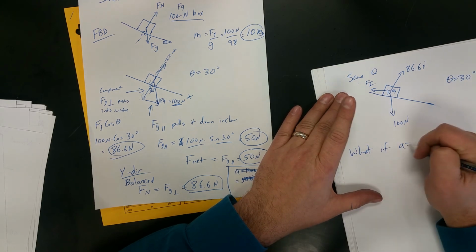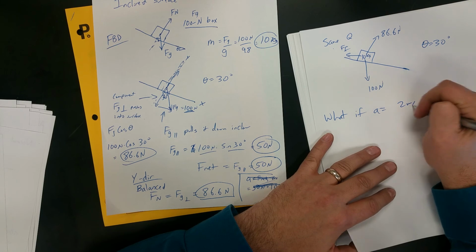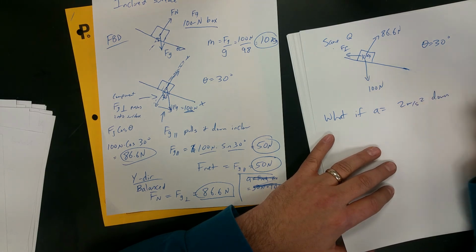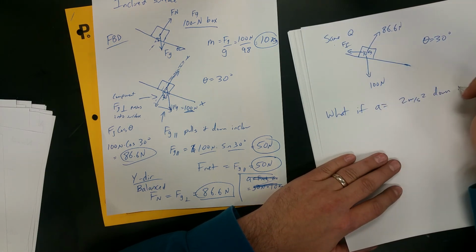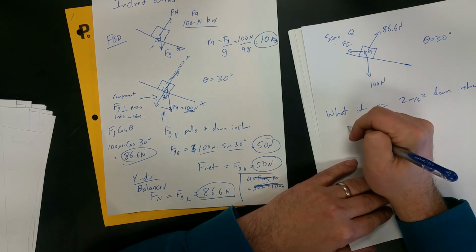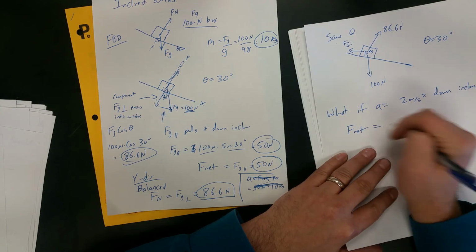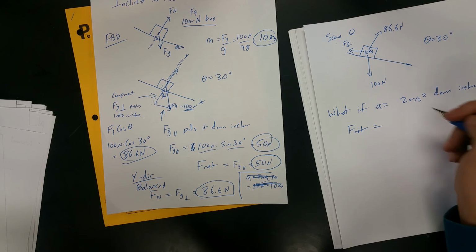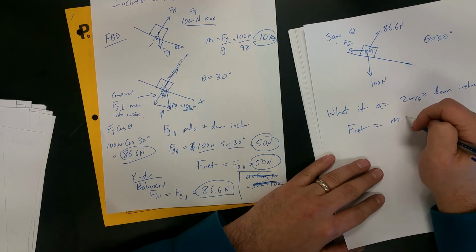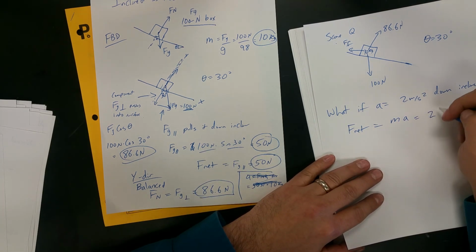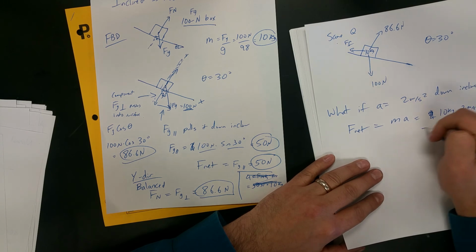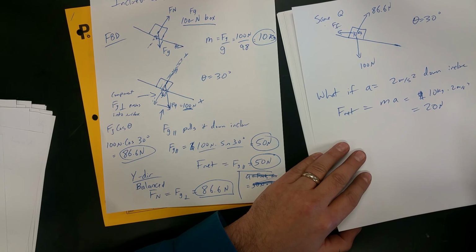What if your acceleration is 2 meters per second squared down the incline? Well, let's see what the net force is. Net force is ma. So 10 kilograms times 2 meters per second squared is going to give me 20 newtons.